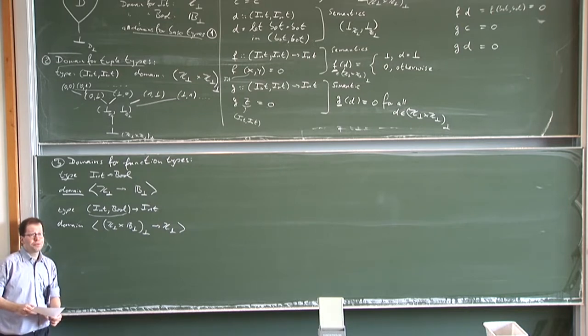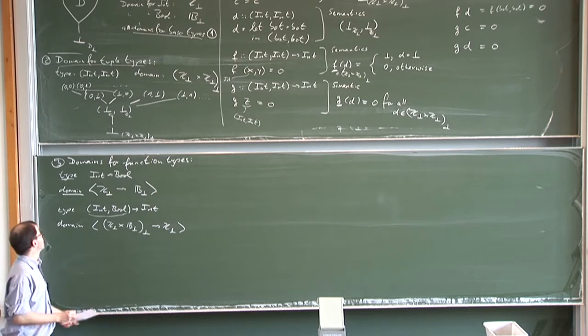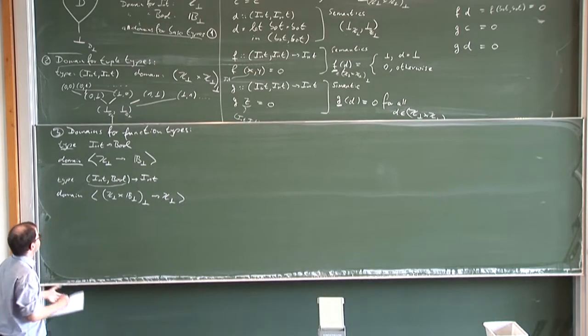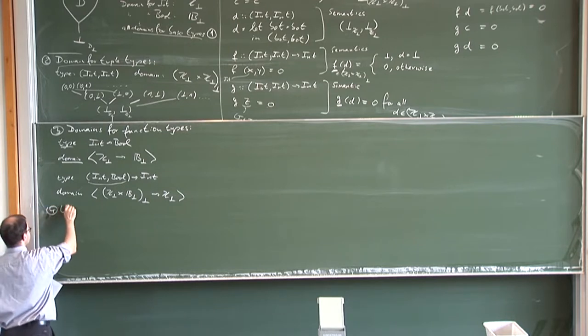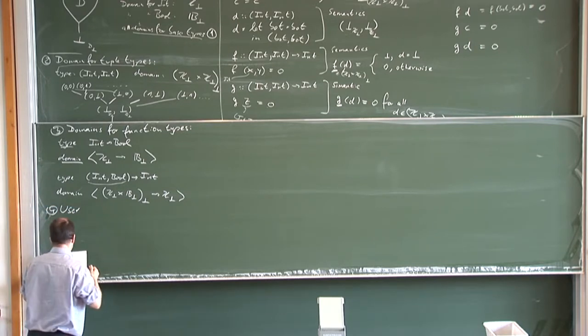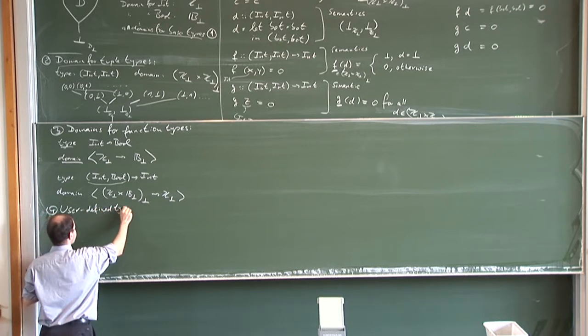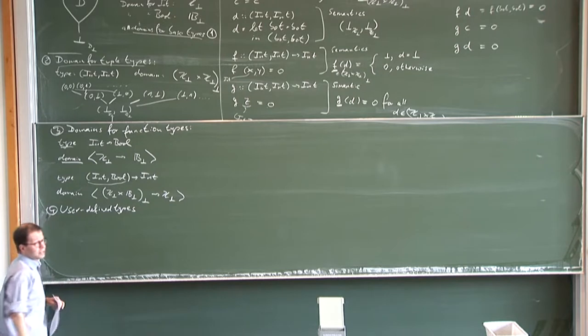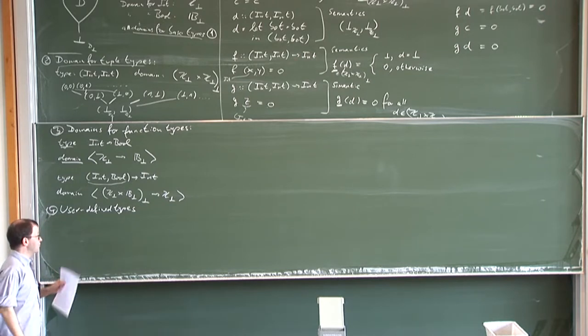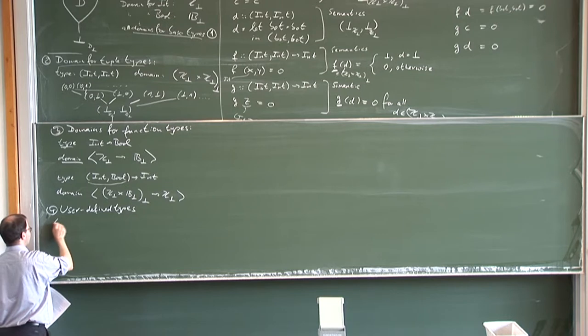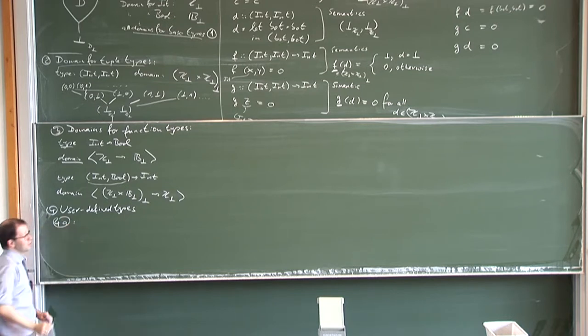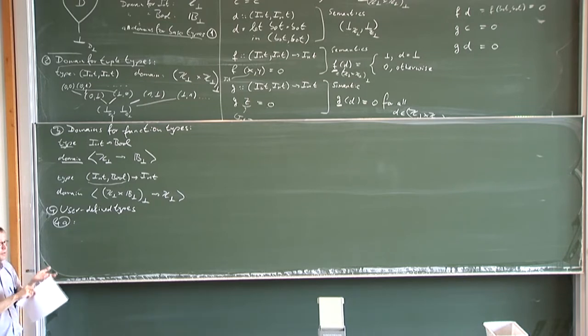Now the question is, what happens with user-defined types? Now this is something we didn't look at yet. So to make life easy, let's start with user-defined types which are non-recursive. So there is no data constructor where the type that we just defined occurs in the arguments.